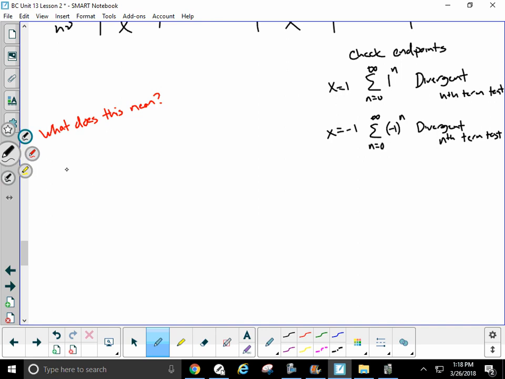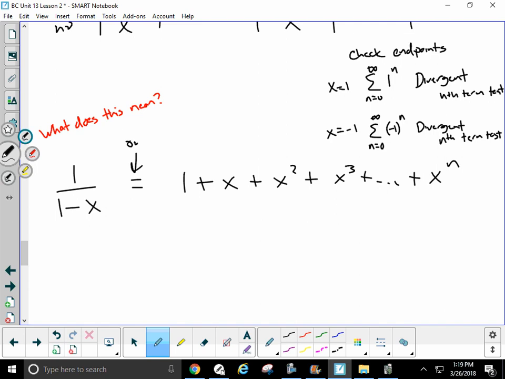This means that for this series, 1 over 1 minus x, and its Maclaurin polynomial 1 plus x plus x squared and so on, it will only equal each other when x is between negative 1 and 1. This makes sense.